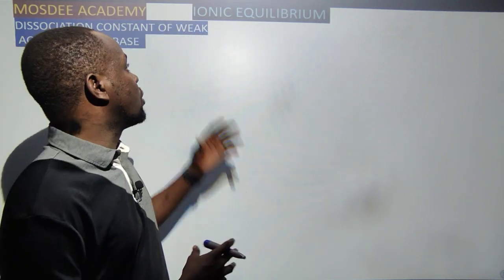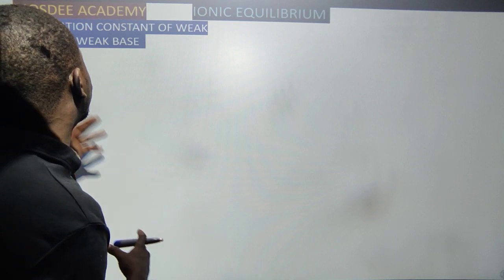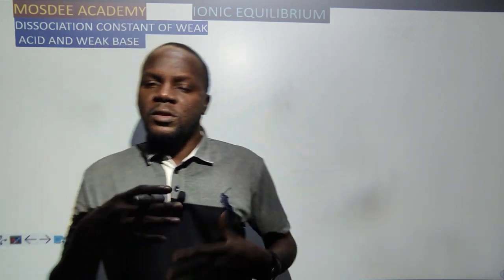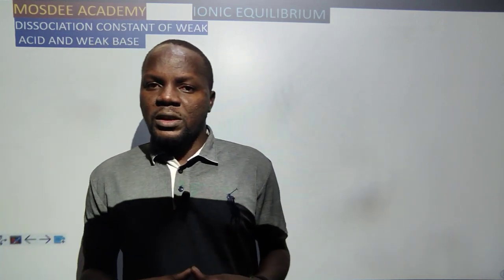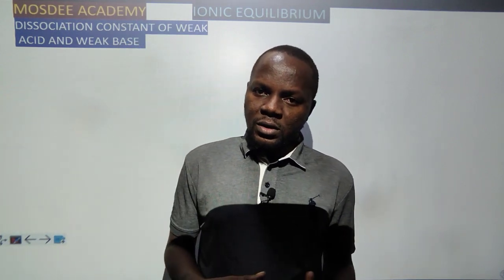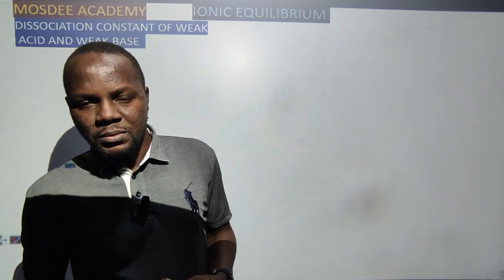Now, when we say ionic equilibrium, the first slide prepared by my admin is the dissociation constants of a weak acid and a weak base. From your study of classification of acids, you have talked about different types of acid and how they dissociate. Those that dissociate wholly or totally are said to be strong, whereas those that dissociate partially are said to be weak.